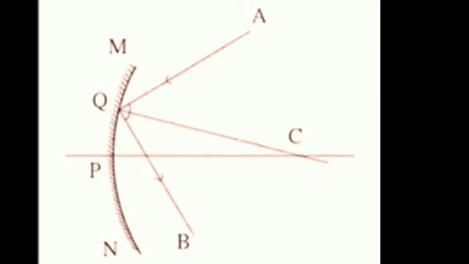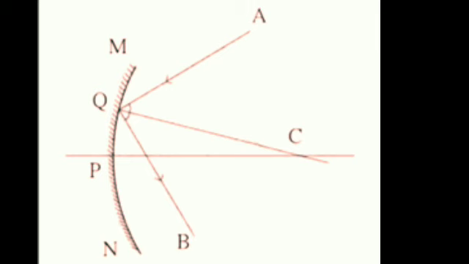Now observe this diagram. In this diagram, one spherical mirror is given. How do we determine the direction that an incident ray will take after reflection from a spherical mirror? Now observe this diagram. In this diagram, MN is a spherical mirror and ray AQ is the incident ray on it.